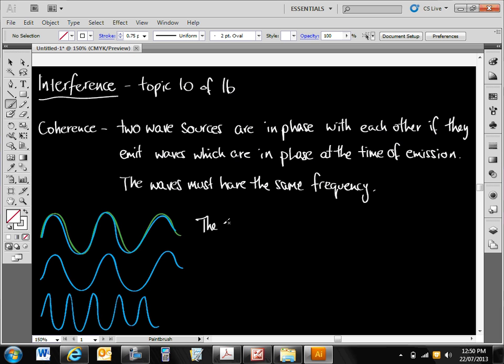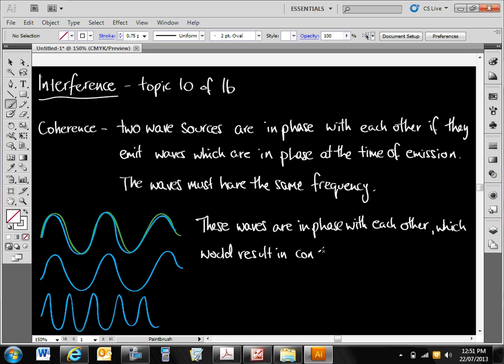These waves are in phase with each other, is what we say, which would result in constructive interference and an amplitude increase.